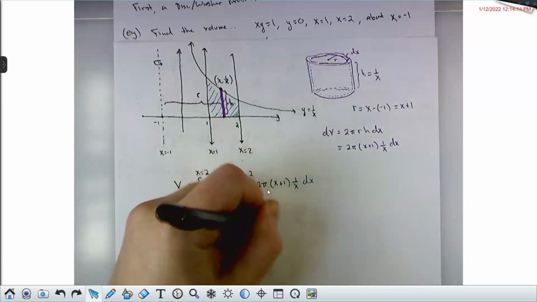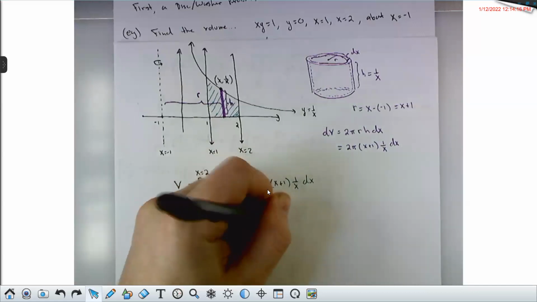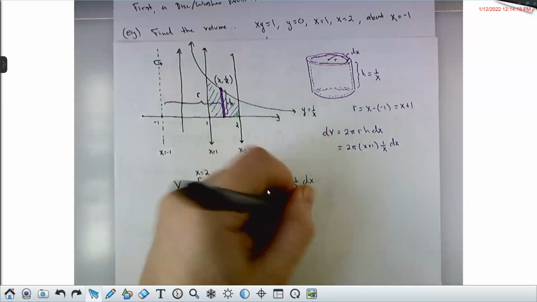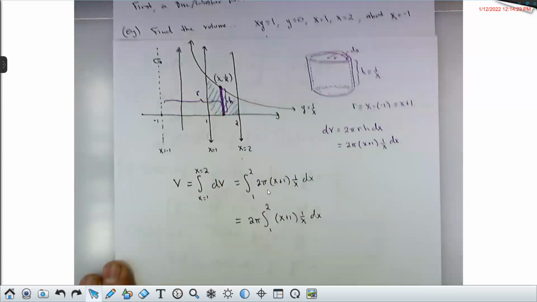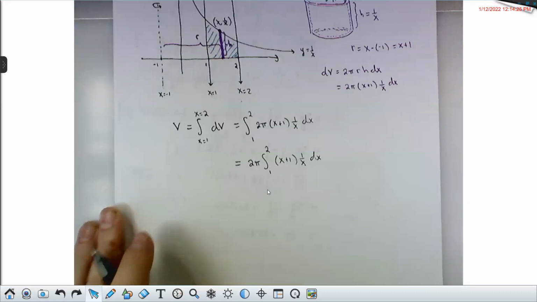2 pi integral 1 to 2, and then what's left is x plus 1 times 1 over x times dx. Okay, how do I do that? What is my next step?